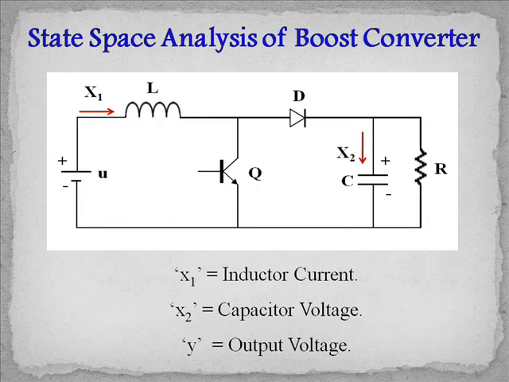State space analysis gives the transfer function for a system, and it is also helpful for getting the frequency response of a system. Here, the frequency response decides whether the system is stable or unstable. In my project, the state space analysis is implemented to analyze the open loop transfer function of a boost converter, and it is helpful to get the frequency response of the open loop boost converter.